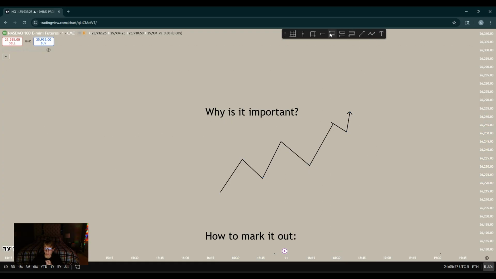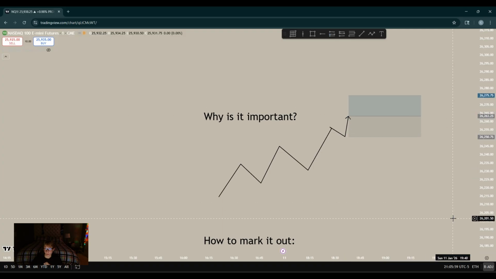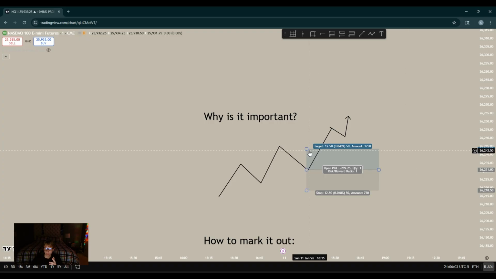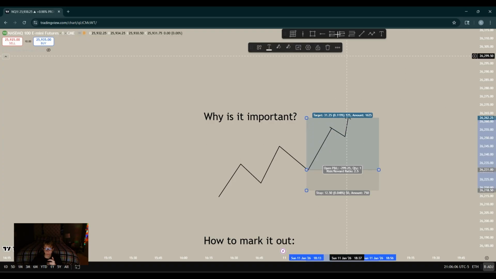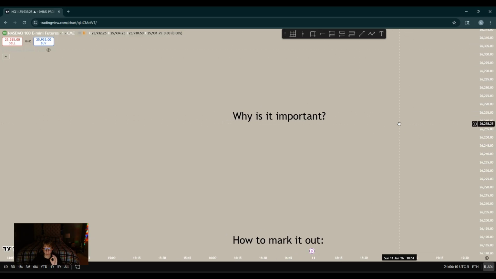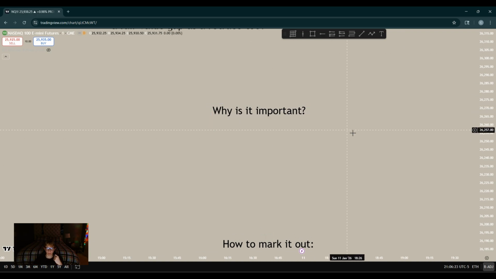Why would you want to buy it up here when you could buy it for a lower price down here and catch a better move? You want to buy it at the best possible area. So that's what a discount, or equilibrium, is: rebalancing price as well as fulfilling those orders in that discount for the big traders and the market makers.